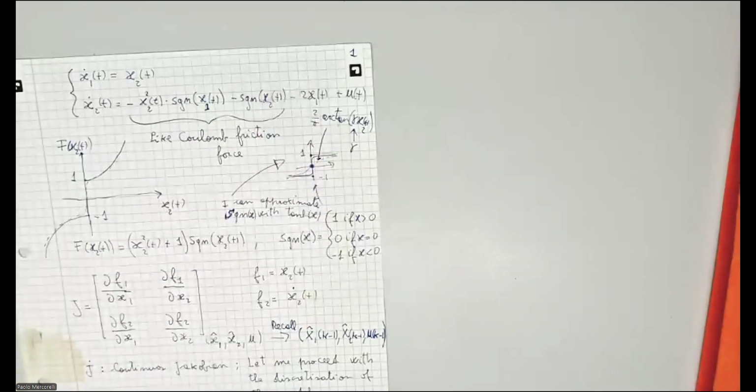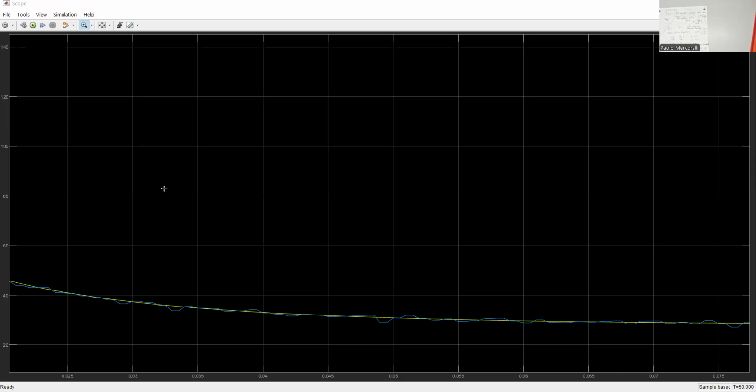You will realize that we don't have a system so fast, because the level of observability changes, and it could happen that it's not observable.